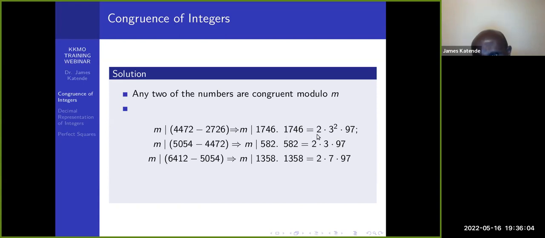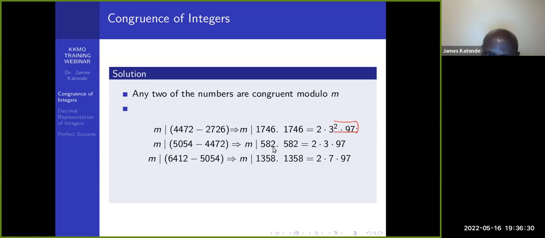Now 1746 can be factorized as follows. So this will help you find the two-digit factors that we are looking for. Also here we have the difference. This difference is also divisible by m.